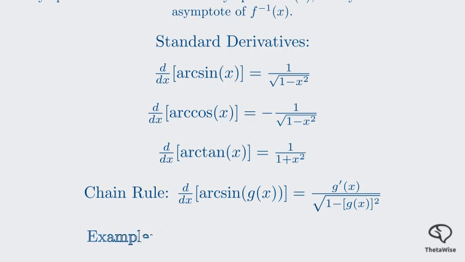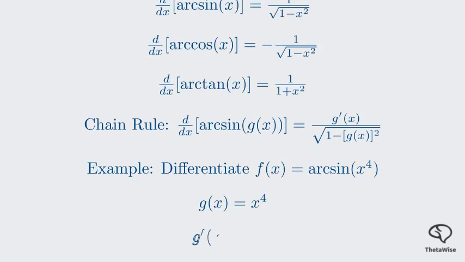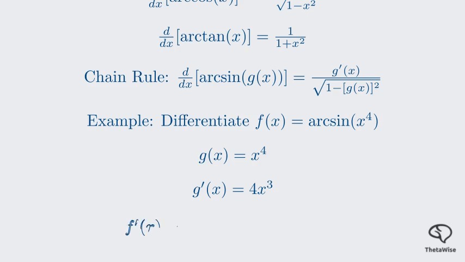Let's see an example. Suppose we want to differentiate arcsin of x to the power of 4. Here, our inner function, g of x, is x to the fourth. The derivative of our inner function, g prime of x, is 4x cubed. Applying the chain rule, f prime of x is g prime of x divided by the square root of 1 minus g of x squared.